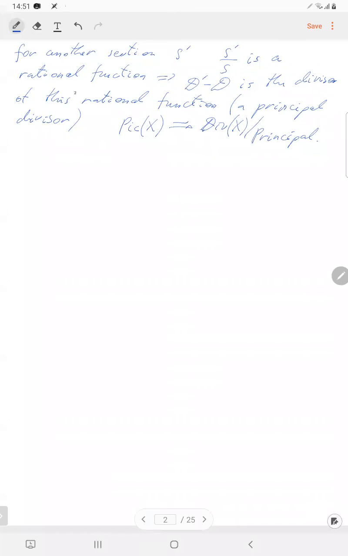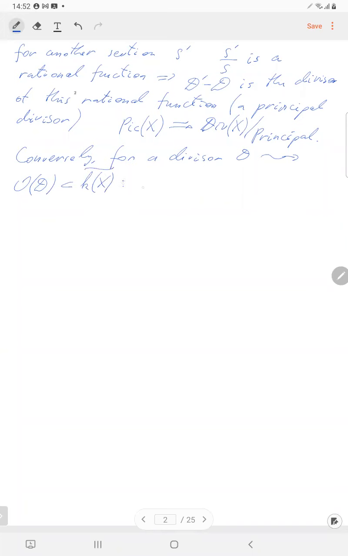And maybe conversely, given a divisor D, we associate an invertible sheaf of ideals O of D inside K of X, the sheaf of rational functions.